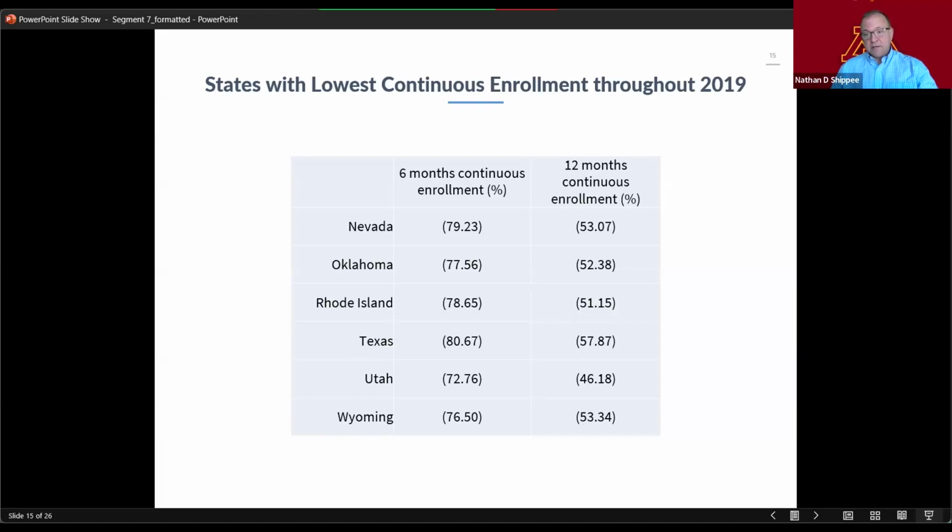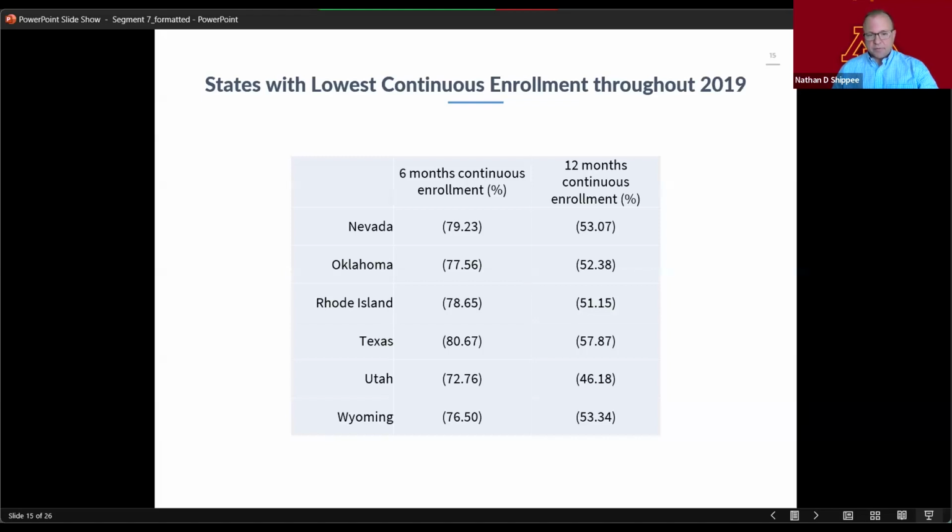And sometimes having issues with continuous enrollment could reflect a lot of things going on with enrollment in a particular state. So this doesn't necessarily mean that the enrollment in these states is problematic. So interpreting these, I would be a little cautious. But we've got states where the application of the 6-month criterion would leave only about 72% up to maybe 80%, and the application of the 12-month continuous enrollment would result in having less in your full sample.